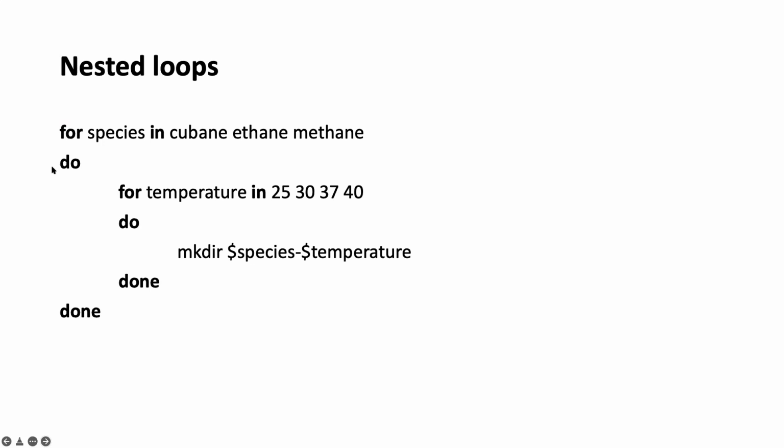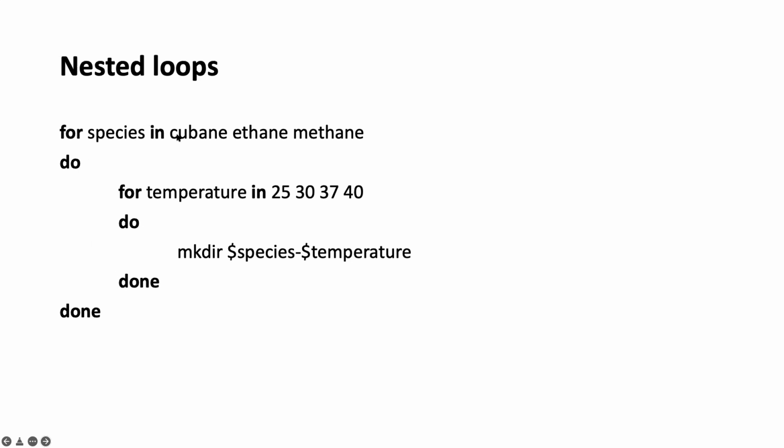And then what you want to do is do for temperature in the numbers of temperature that you want. But this time, when you take the first loop of the list of species, make a directory of the name of the species and also the first temperature, and then done.